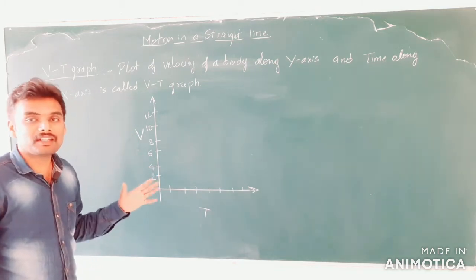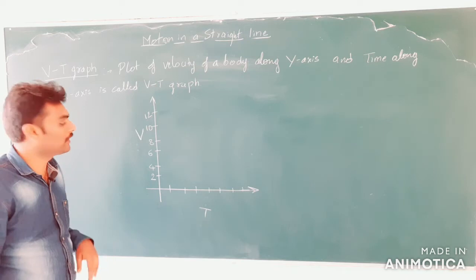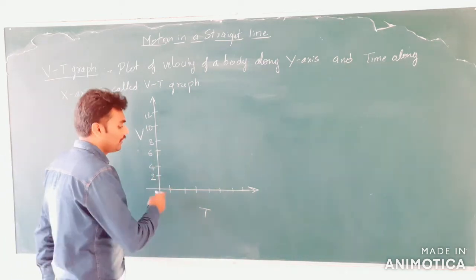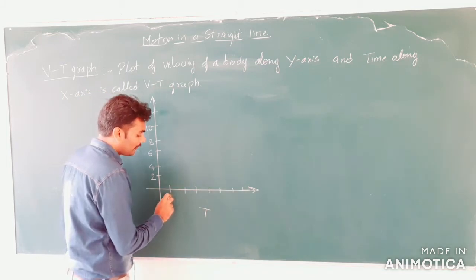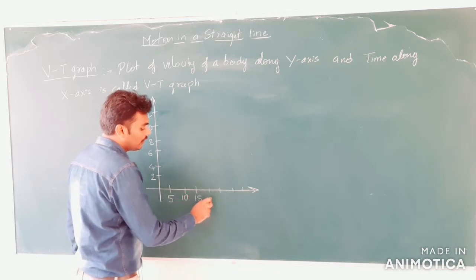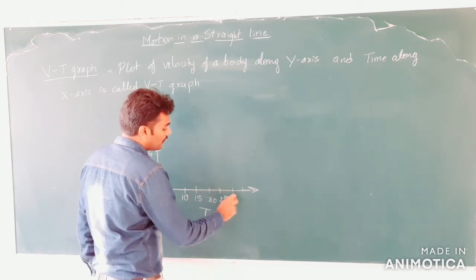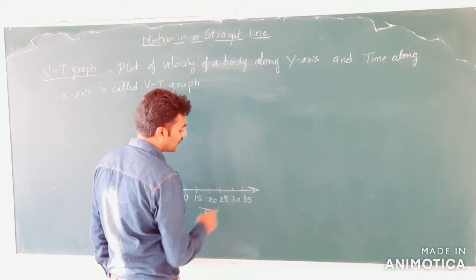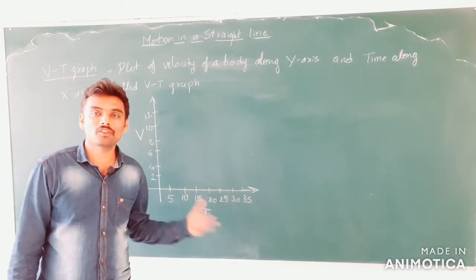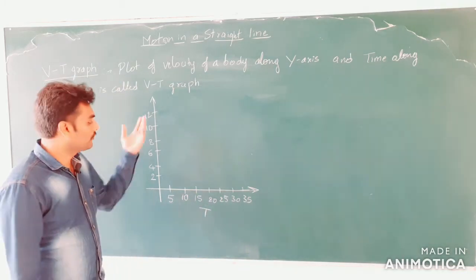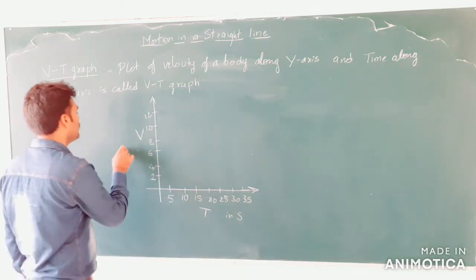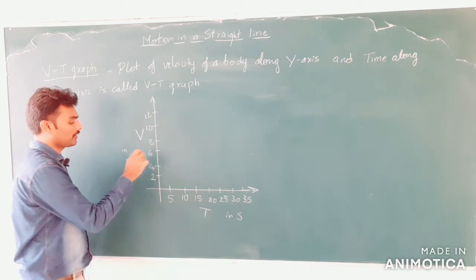This is a random example that I have taken, but you can understand this using any example of a VT graph. Now coming to the x-axis, the time axis, let me take 5, 10, 15, 20, 25, 30, 35. This is the time axis, which can be in seconds, minutes or hours. For this example, let me take time in seconds and velocity in meters per second.